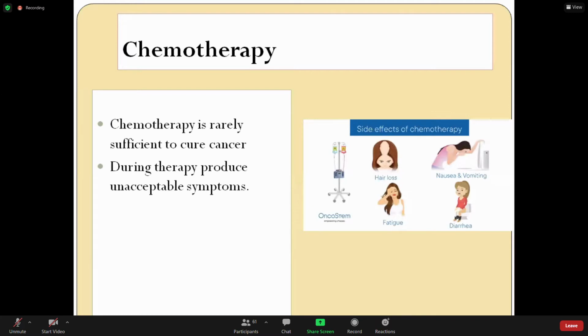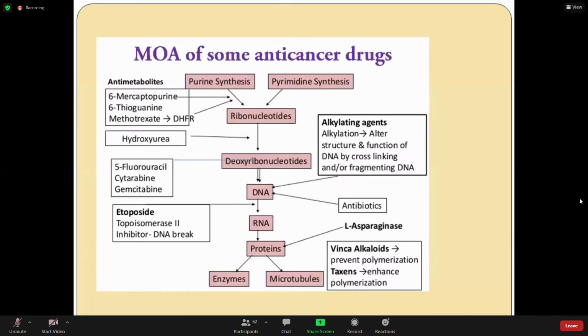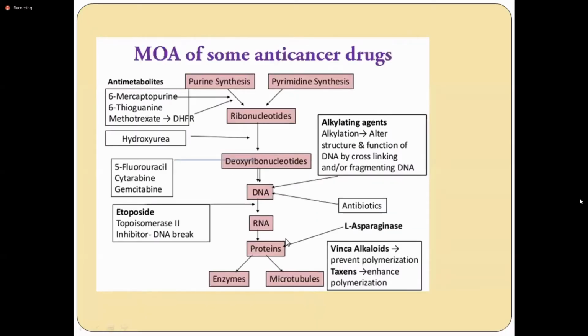So we're talking about chemotherapy, and this is the mechanism of action. I think it's a chart from pharmacology. So how the manufacturers or research people have designed this anti-cancer therapy is, look at this. For any end product, the basic need of our body is the production of protein, which occurs from purine and pyrimidine.